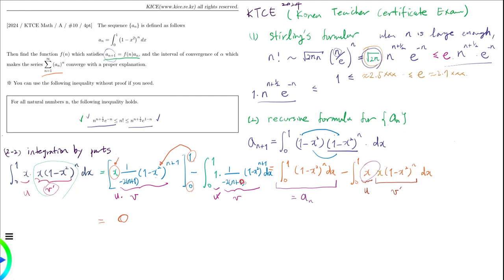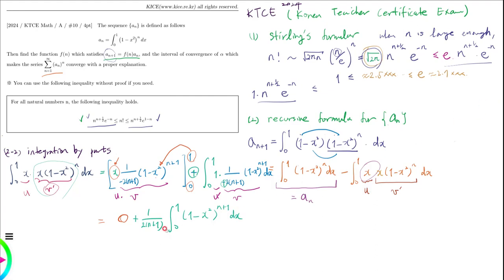For the second term, we have two minus signs here, which gives us a plus sign. Then we have the constant term, which is 1 over 2 times n plus 1, and the integration from 0 to 1 of 1 minus x squared, each quantity to the n plus 1 power dx.